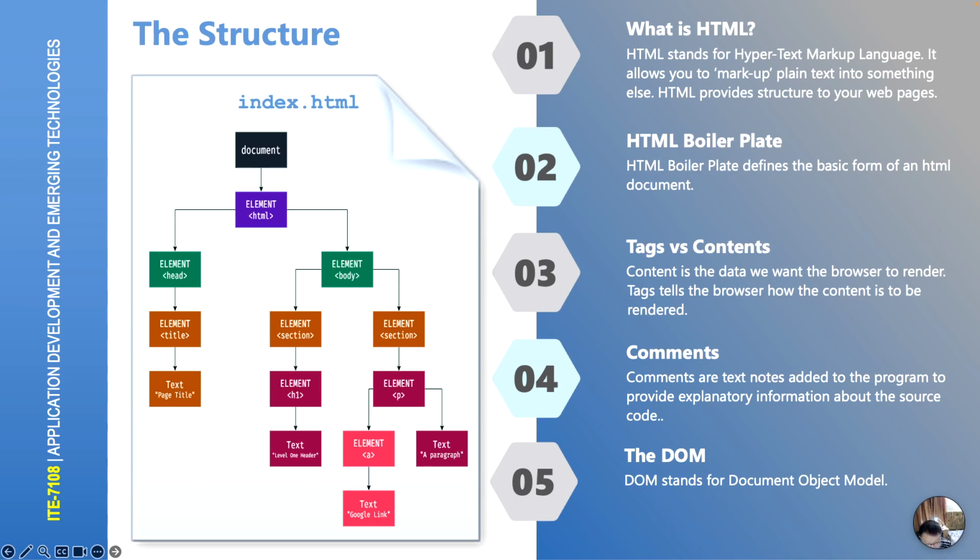The DOM is a way to represent a web page in a structural, hierarchical way so that it will become easier for programmers and users to glide through the document.